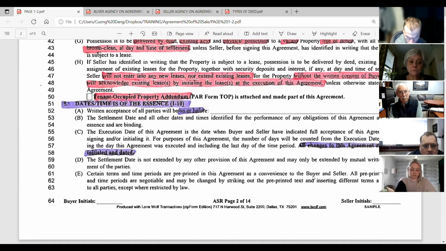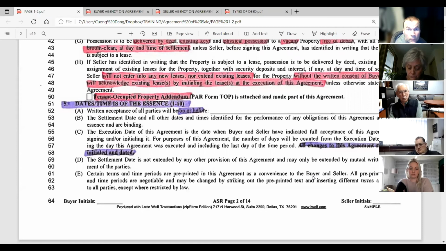Part B, the settlement date and all other dates and times identified for the performance of any obligations of this agreement are of the essence and are binding. So the dates are binding. C, execution date of this agreement is the date when buyer and seller have indicated full acceptance of this agreement by signing and or initialing it.